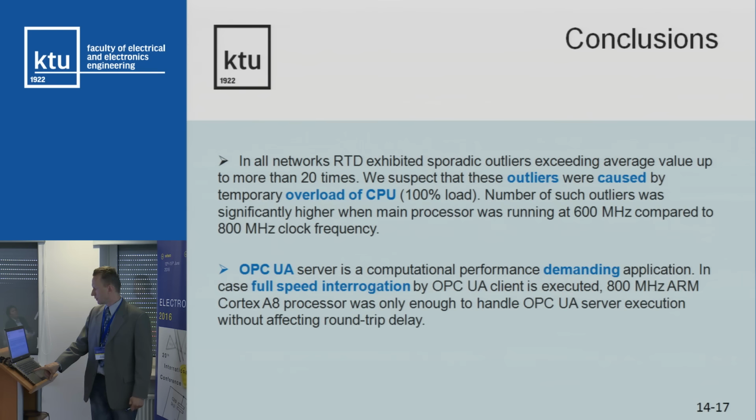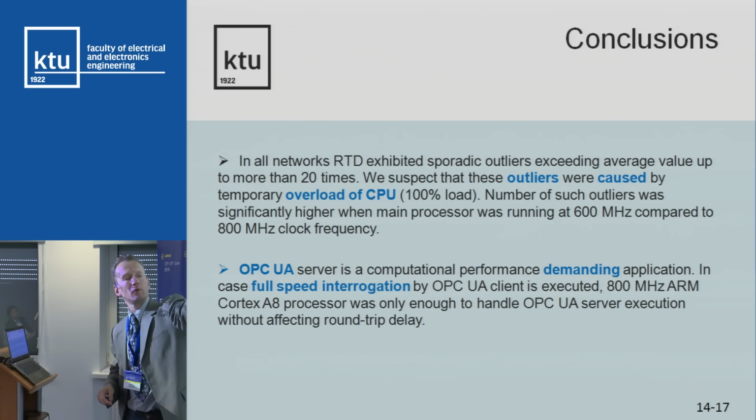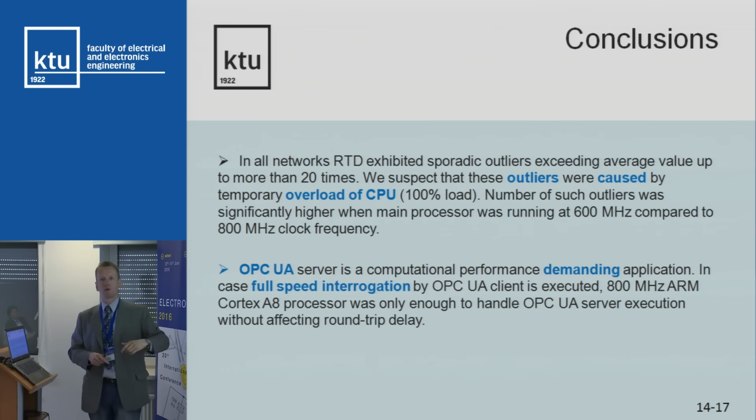And the last slide: in all networks, round-trip delay exhibited sporadic outliers exceeding the average value by more than 20 times, and we suspect that these outliers were caused by CPU overload. This was much higher when we reduced the CPU frequency compared to 800 megahertz.